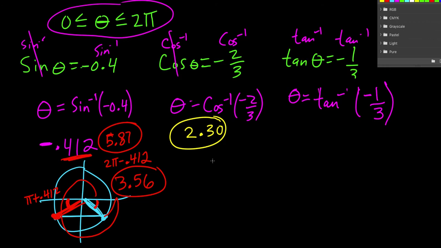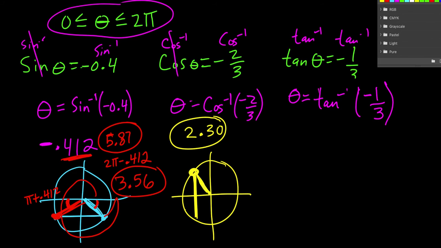Now, we need to find our other answer though. So we look at this. The original was a cosine and it was negative 2/3, and so that's an x value. And it gave us the first one. The rotation from here to here would be the same as the rotation from here to here. We could think of it like you rotate all the way around and then back.